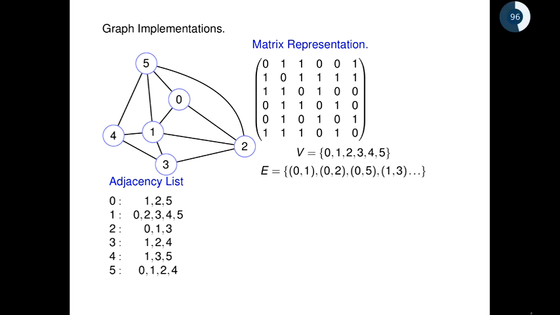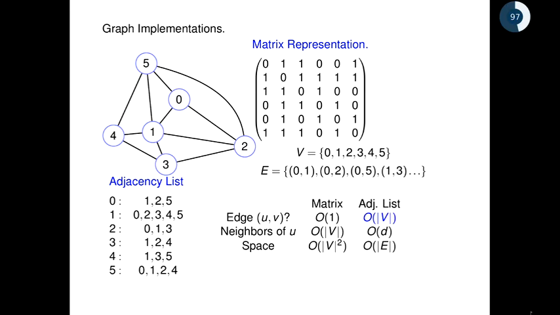Okay, so they have different complexities, right? For the matrix form, if I want to ask if the edge UV is in the graph, it's really fast. I just look up the right entry in the matrix: the uth row and the vth column, A sub UV. And I can immediately figure out whether this edge is there. So it's very fast to query an edge.